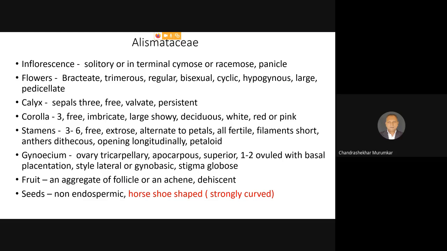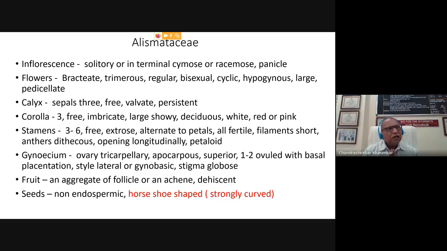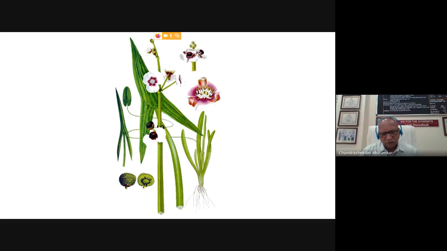The Winteraceae family is again a family belonging to the order Ranales. So the horseshoe-shaped embryo in the seed shows its association, its parallel course of evolution from the Ranales group. And because of that, the Alismatidae family is important from the phylogenetic point of view.